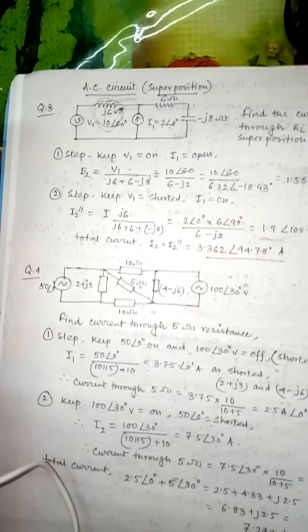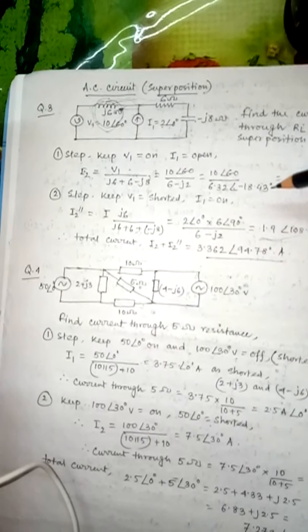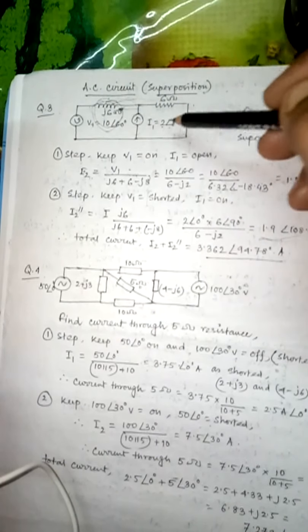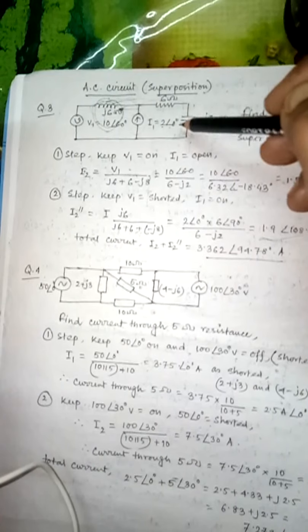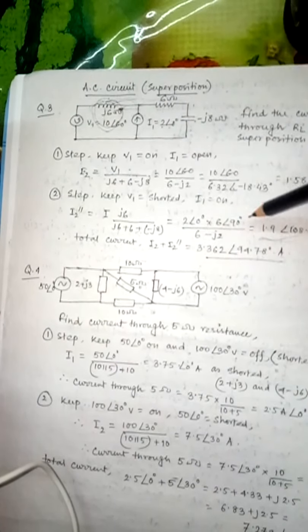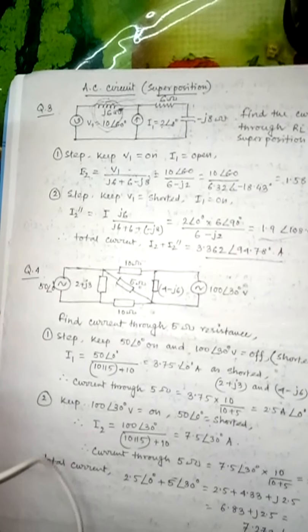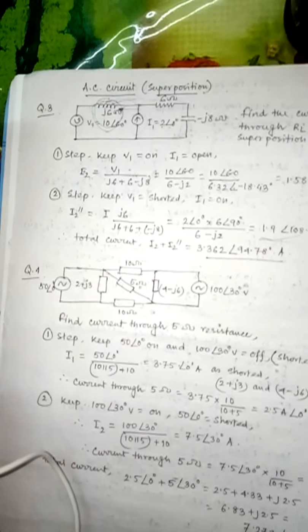The total I is given, 2 angle of 0 degree. Putting it in, we finally get 1.9 angle of 108.43 ampere.